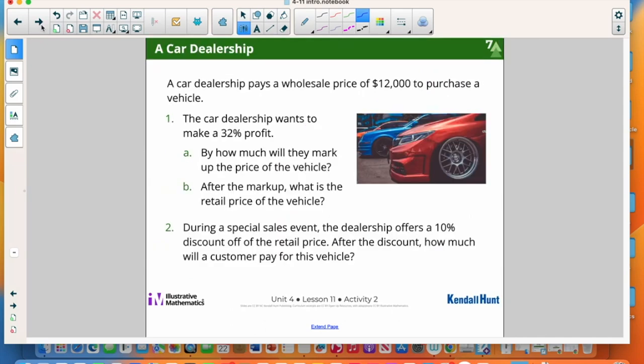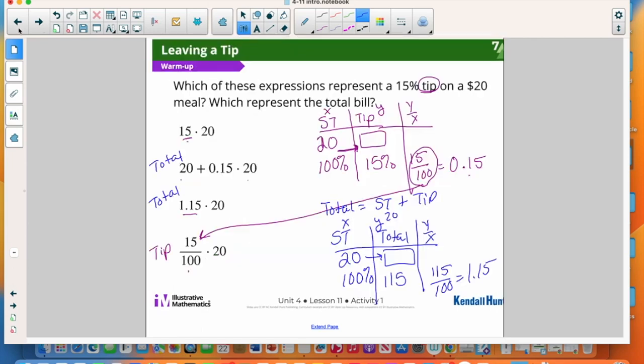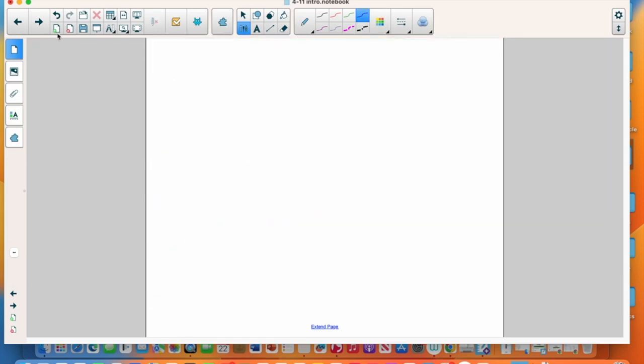So then we had some new vocabulary. And we talk about stores. When you go to a store, let's say you go to Walmart and you buy a new game, and that game costs you $49.95. Walmart didn't pay $49.95. They paid something much less, and that's what's called the wholesale price, what the store pays.